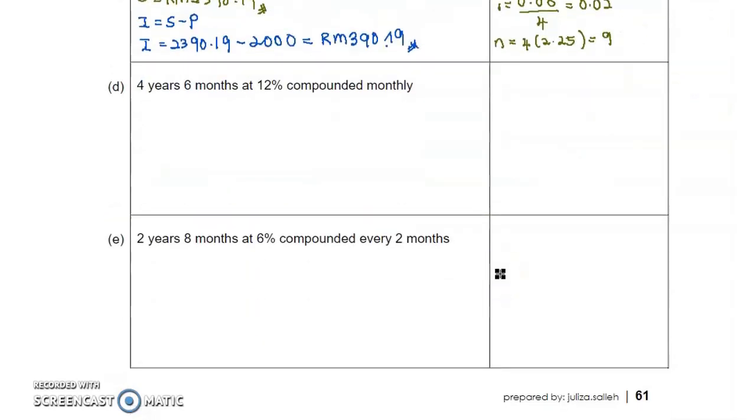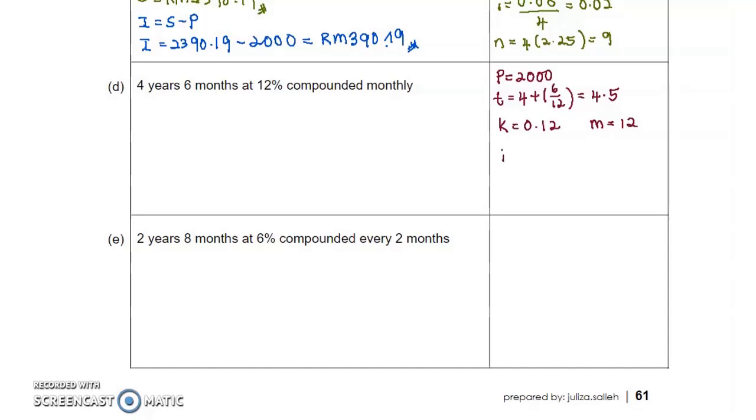Example D. Extract the info again. P is still 2000. T is 4 years 6 months. Months convert to years divided by 12, so this one is 4.5 years. At 12% compounded monthly. So annual rate k is 0.12. Compounded monthly, every month. Within 1 year, how many times do we calculate interest? So here m equal to 12.